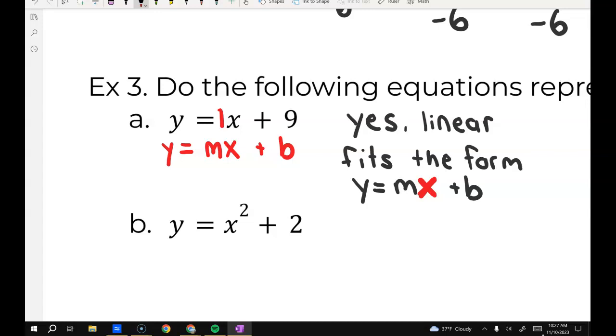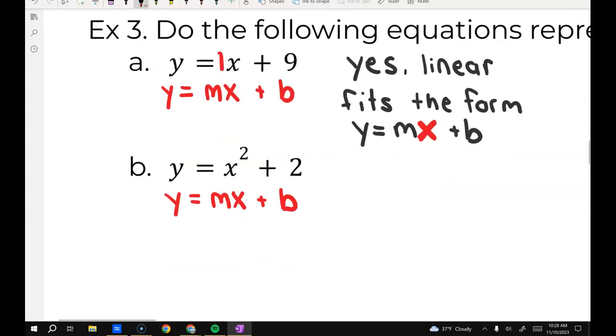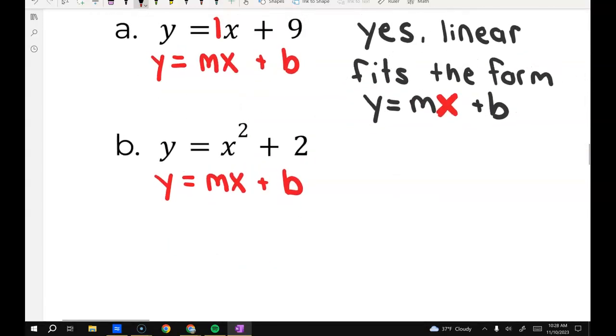And why I think that strategy of writing the linear form below it and comparing the two works is because when you do it below here, the difference pops out to us. Here we have an x squared. Here we just have an x.